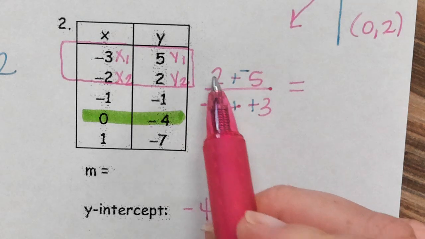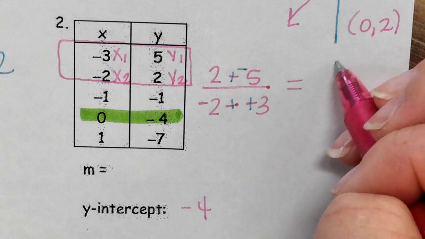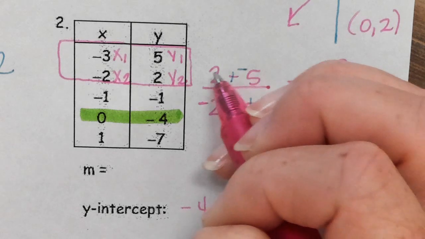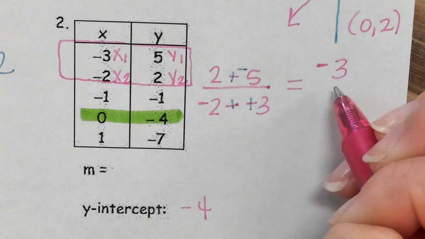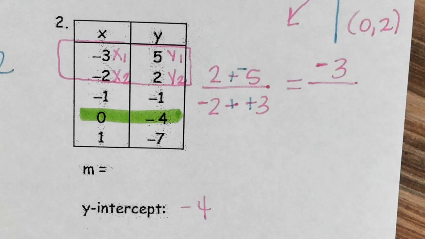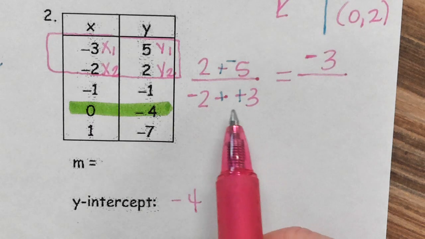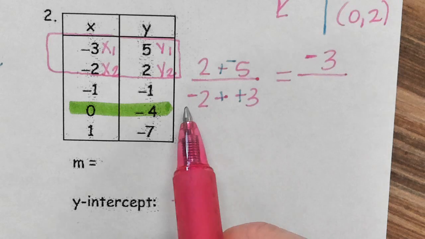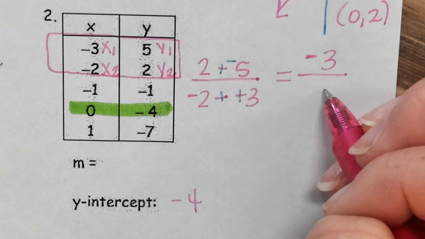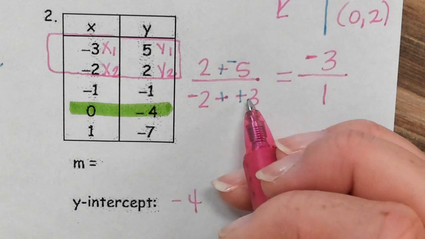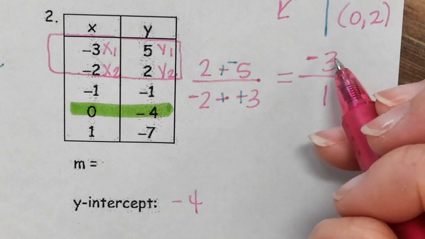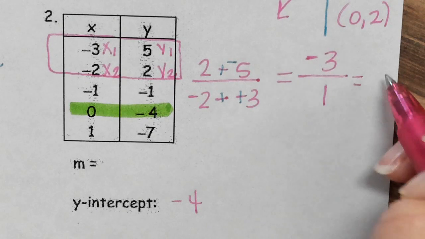What's the difference of 2 and 5? 3. And which one's heavier? 5. So the negative gets it. All right, I am adding two signs that are different. So I'm going to find the difference of 3 and 2. 1, and which one's heavier? The 3. So positive. What is negative 3 divided by 1?